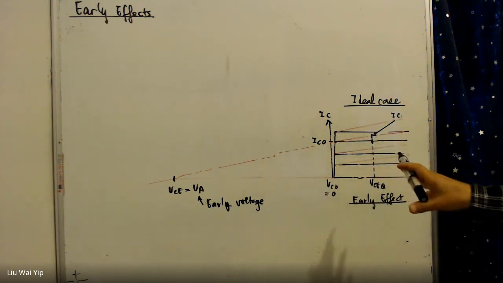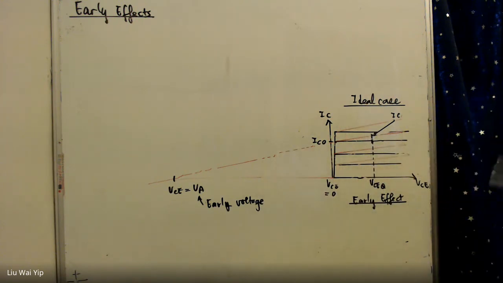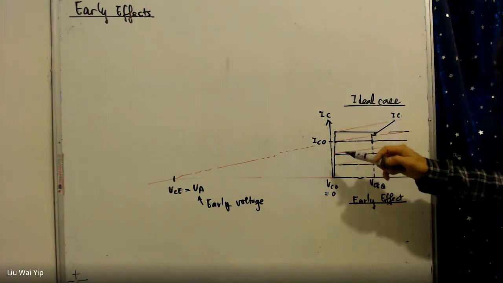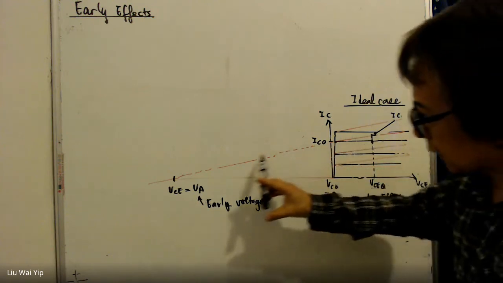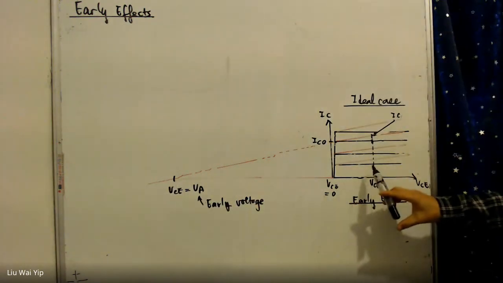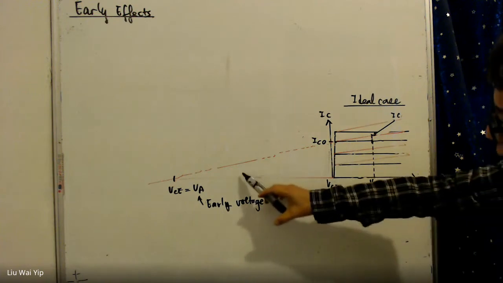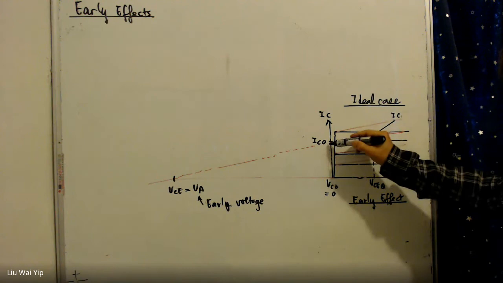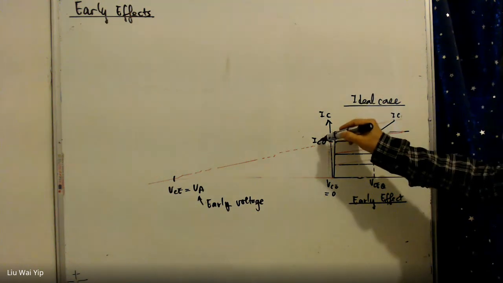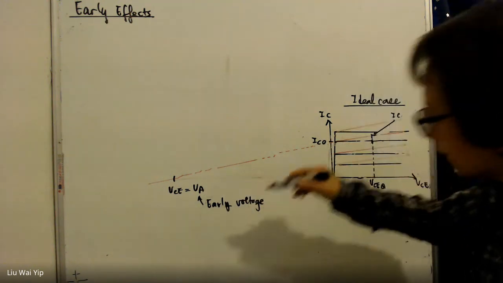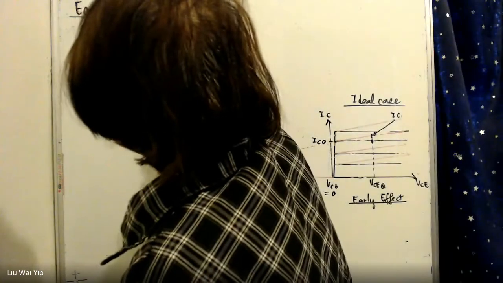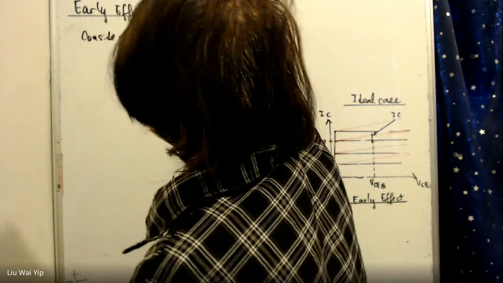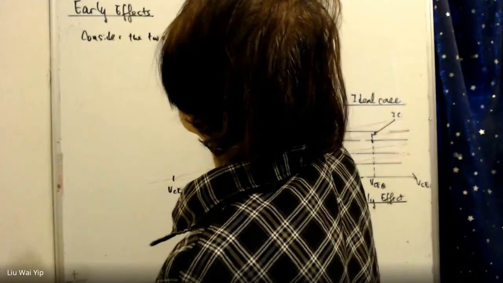Let's analyze it. So how do we analyze it? What Early did was he identified that this large triangle and these smaller ones are similar with each other. So if you consider the smaller one first, IC0 divided by VA. Consider the two similar triangles.